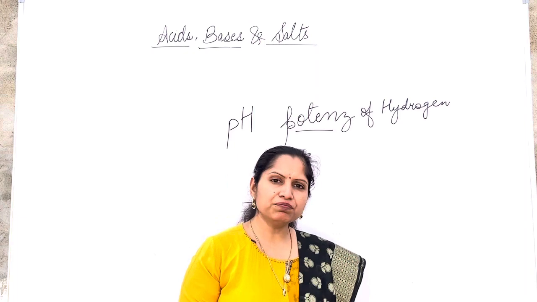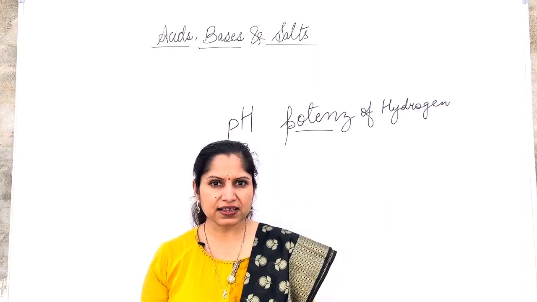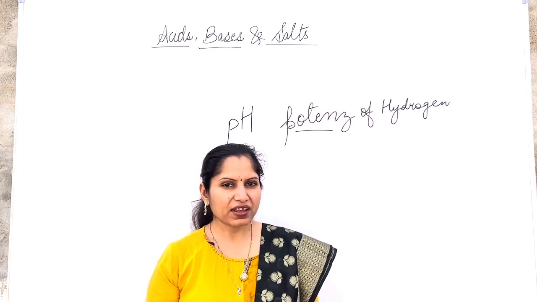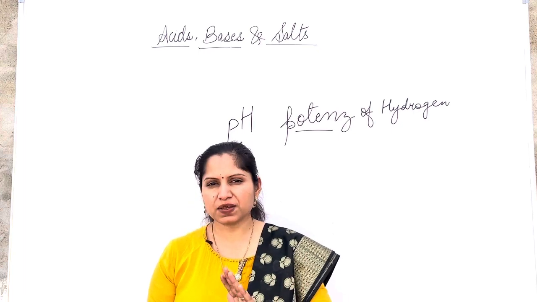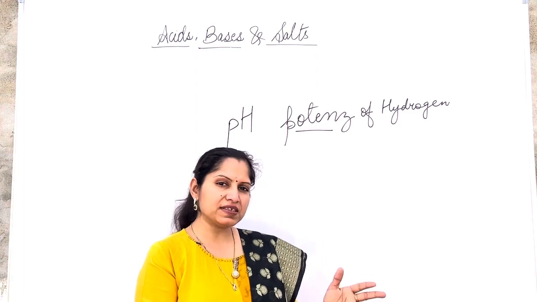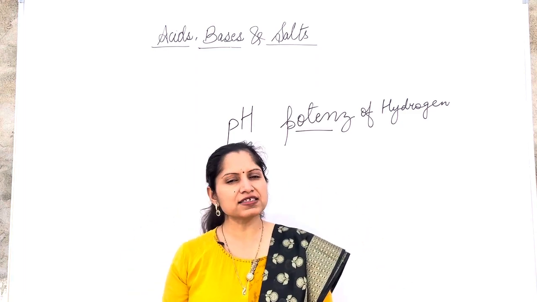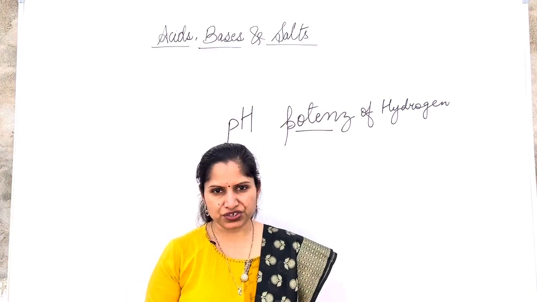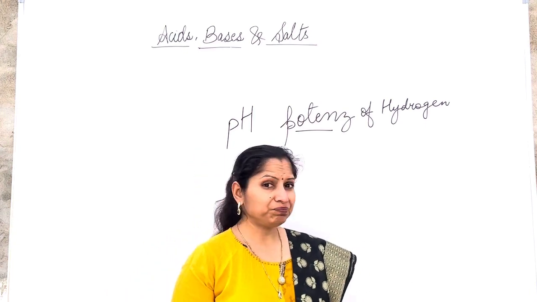This could be relieved by taking some antacids like magnesium hydroxide, Mg(OH)2. And I hope you remember its pH is approximately 10. So this magnesium hydroxide, being basic in nature, will neutralize the acid produced by the HCl, and that will relieve the acidity caused.